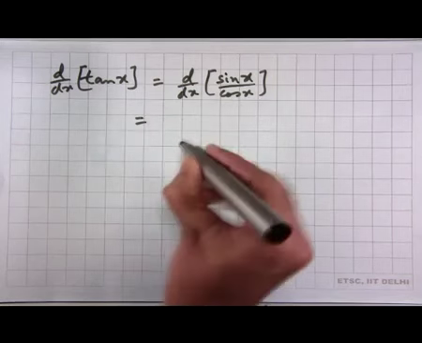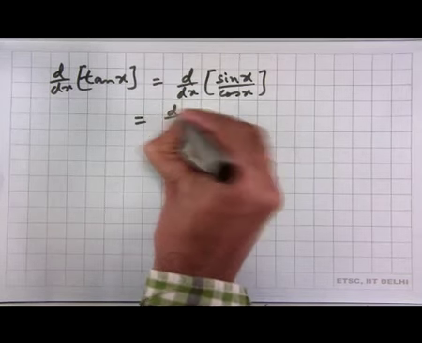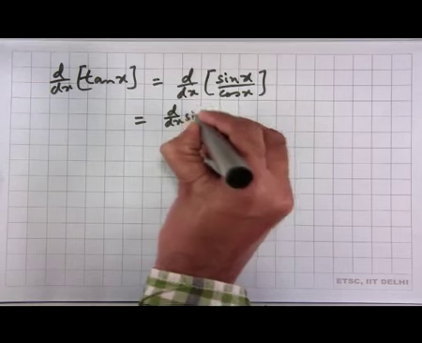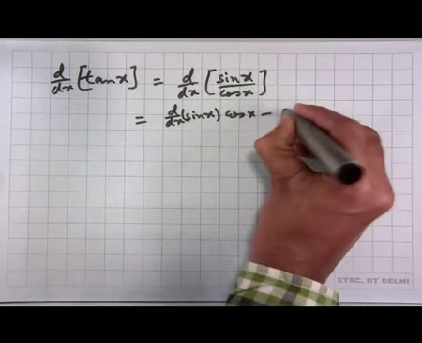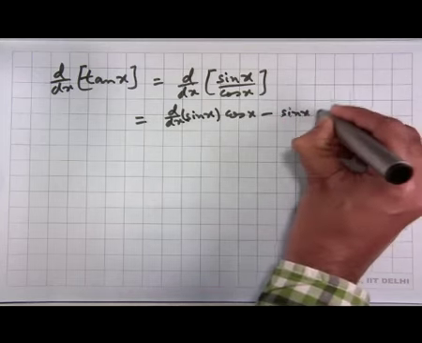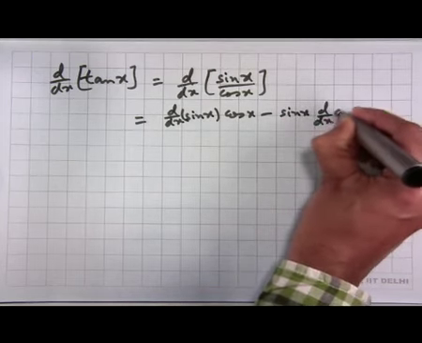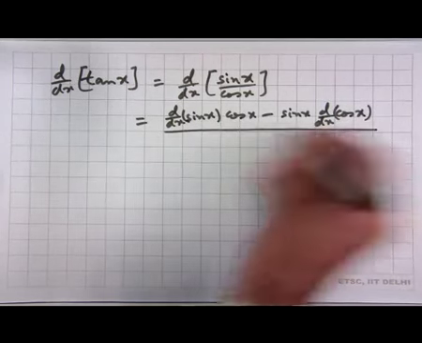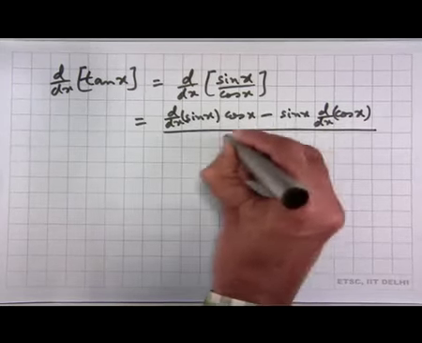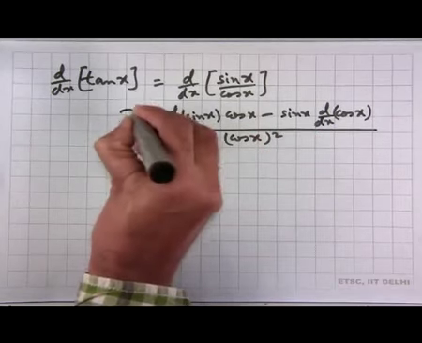So, this is equal to the derivative of sin x times cos x minus sin x times the derivative of cos x, divided by the denominator cos x square. This is by the quotient rule.